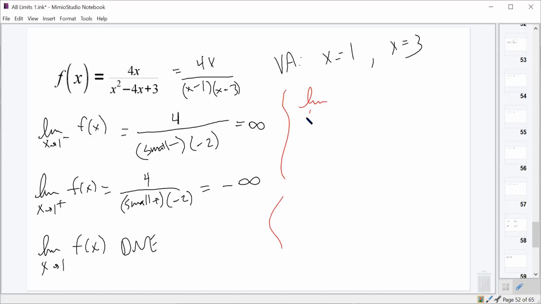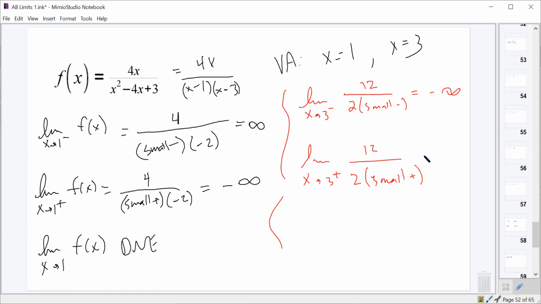And what about for x approaching 3 from the left? What should that give us? We should put a 12 up there in our numerator. And then a 2, and then a small negative. So that should be negative infinity. And as we approach 3 from the right, we should have 12, and we should have 2 times a small positive, which ought to give us positive infinity.